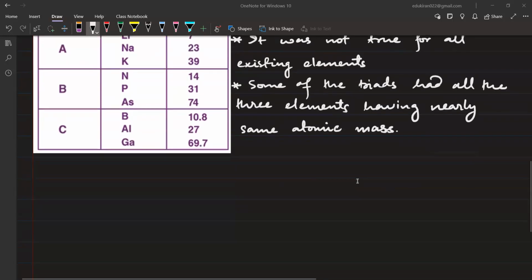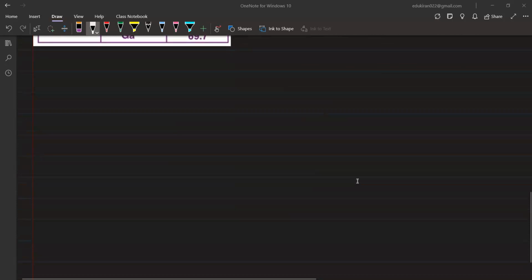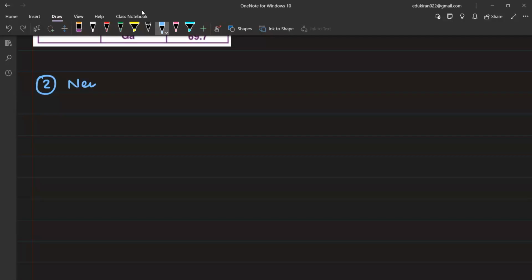Now, the second attempt was done by Newlands, and what he observed was that when you arrange the elements in increasing order of atomic weight, the eighth element has similar properties to the first element.